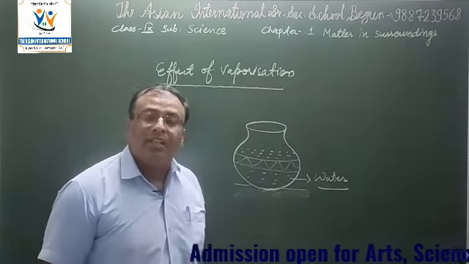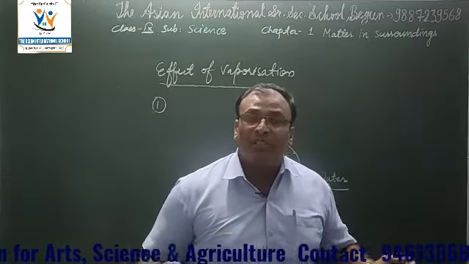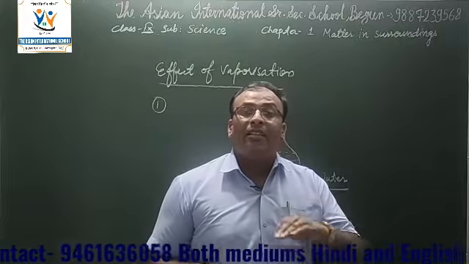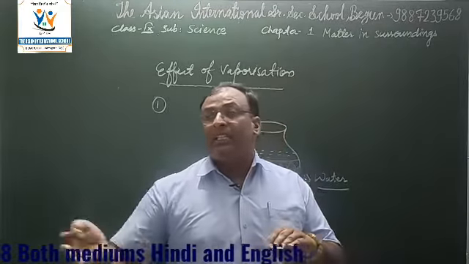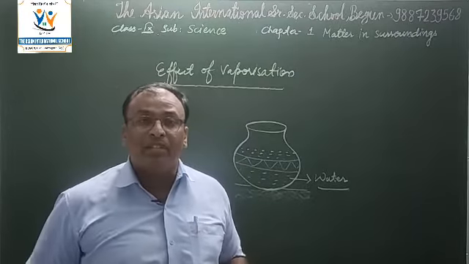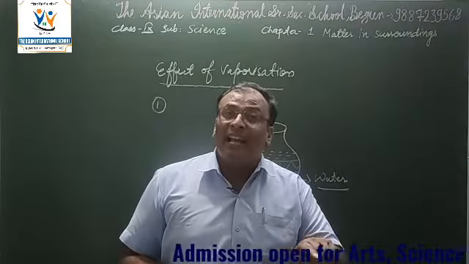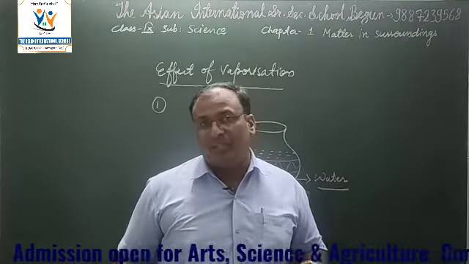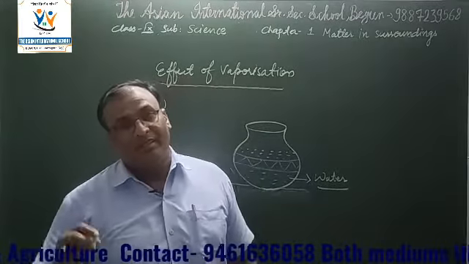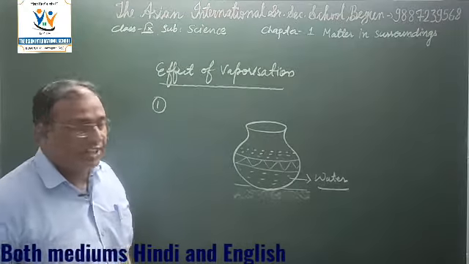In summer, you mostly keep water in an earthen pot and keep it in the open surroundings. In the morning, you observe that the temperature of that water is less compared to other water. Why does it happen? This phenomenon is very important in vaporization.